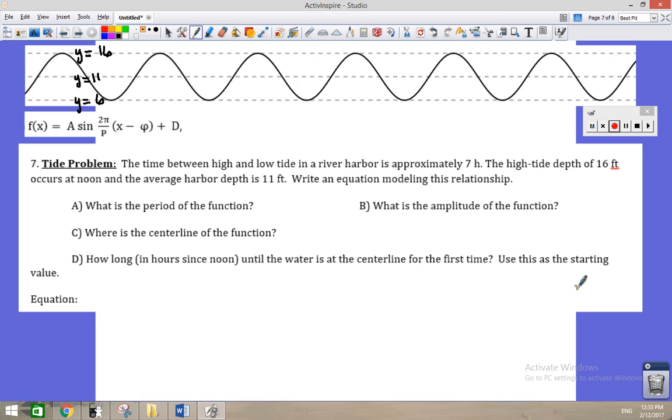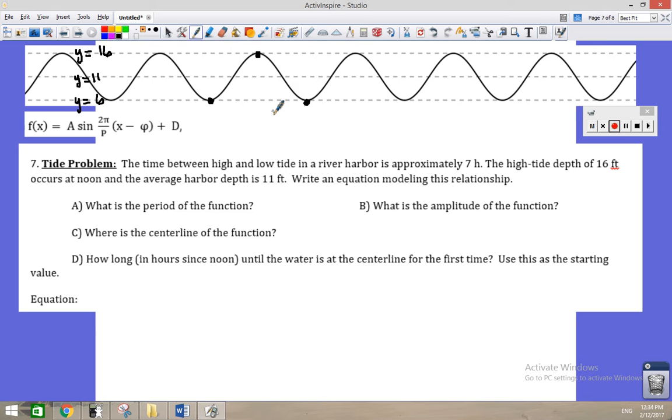Alright, now the time between high tide and low tide is approximately 7 hours. So the time that it takes to go from high tide to low tide is the same as the time it takes from low tide to high tide, and that's 7 hours.